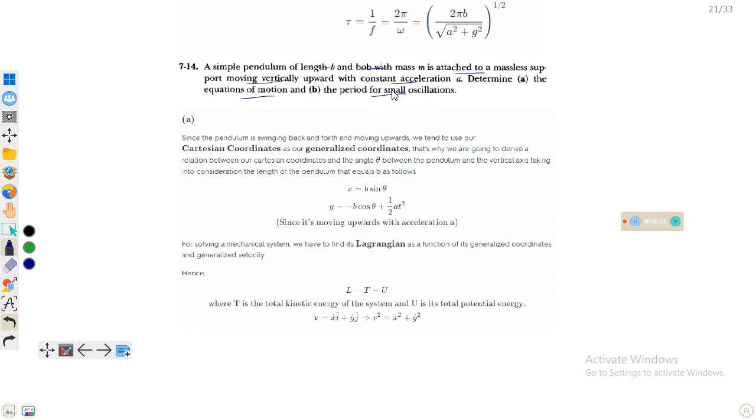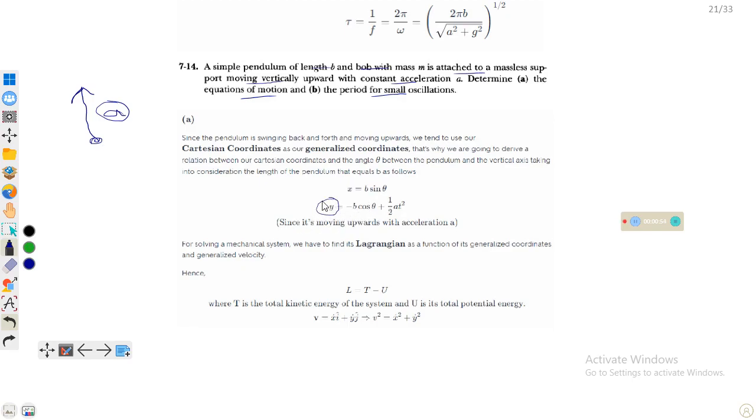In this case, our simple pendulum is accelerating in the upward direction with acceleration a. This acceleration will contribute in the y direction in the equation of motion, and it will change the generalized coordinate along y direction.